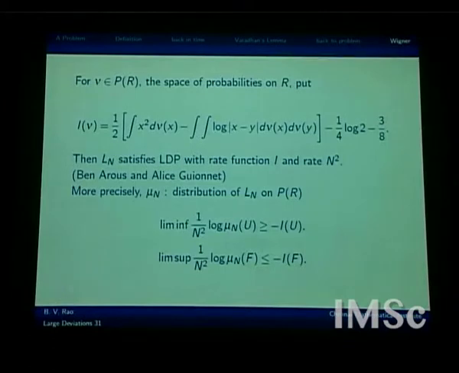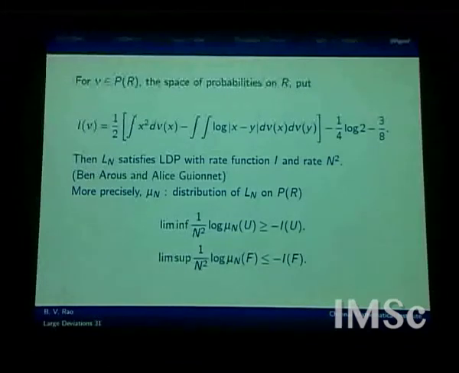Now, why did I mention this special example with rate n square? Remember, when I said large deviation principle, I did not want to give the most general definition, which makes no sense. I simply said 1 by n log mu n of b should have certain property. Now, here 1 by n square log mu n of u is greater than or equal to minus I u.